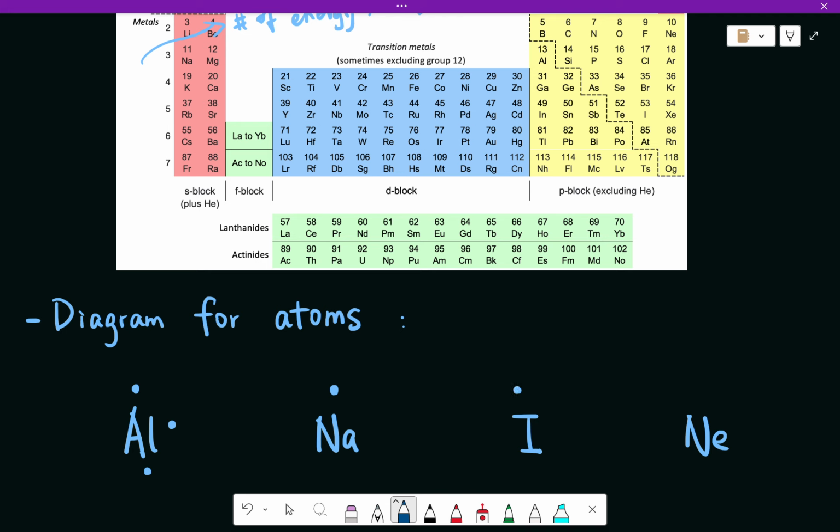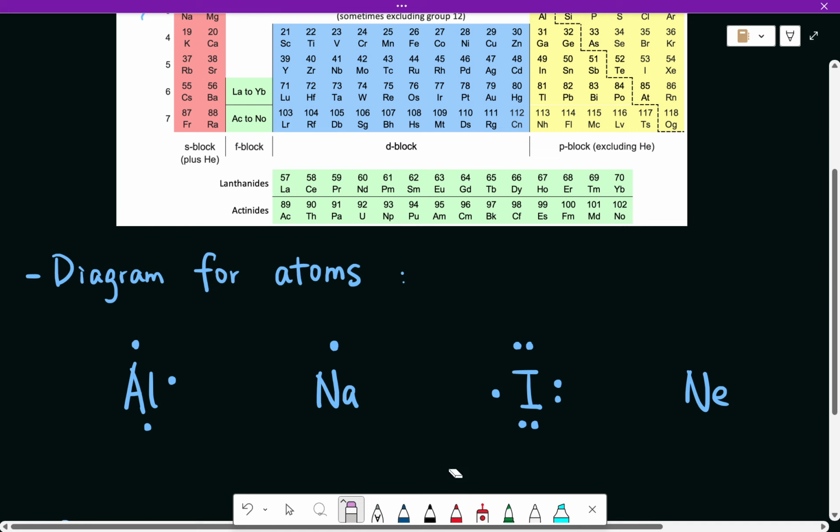We go 1, 2, 3, 4. And the fifth electron will be paired up with the first electron on the top right here. So 5, 6, 7. So we always work clockwise.